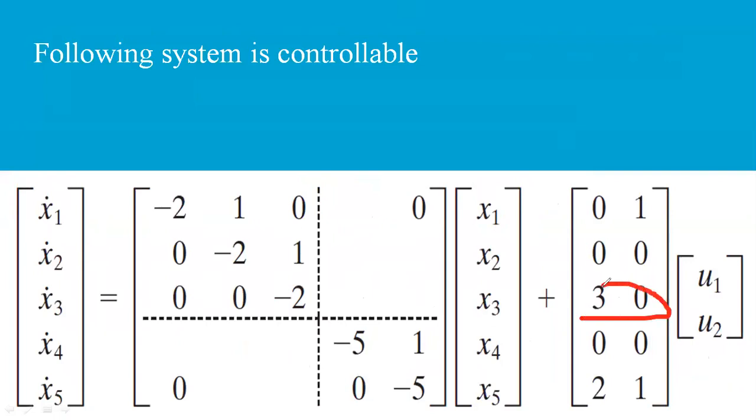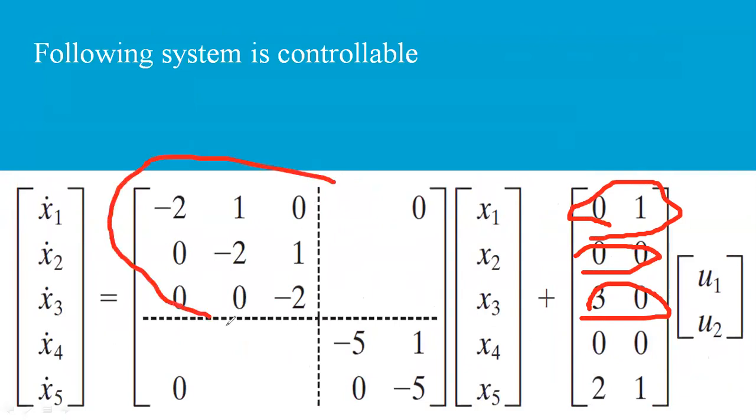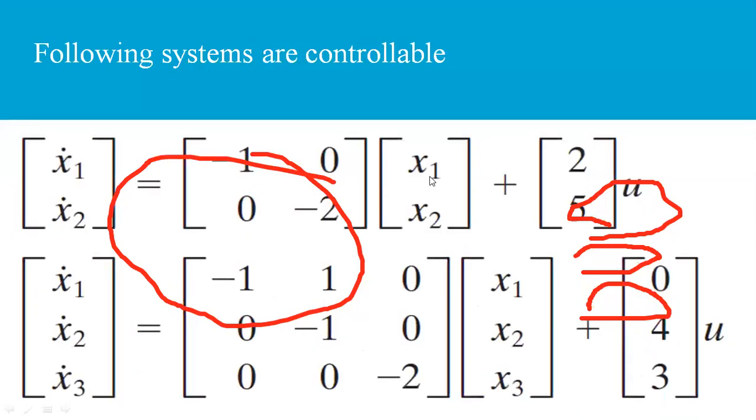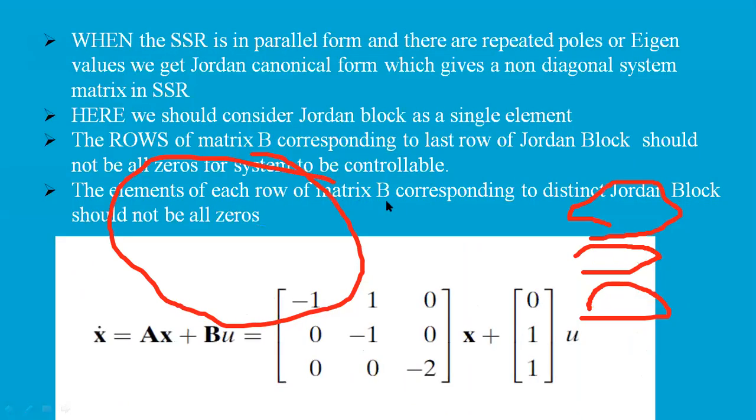This is the first row. The second row. This is the third row. 3 rows are corresponding to this Jordan block. Observe the 3 rows and connect this with this particular point. The elements of each row of the matrix B corresponding to distinct Jordan blocks should not be all zeros.